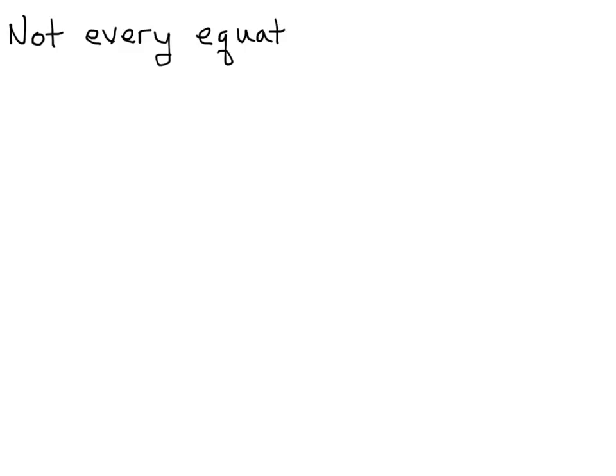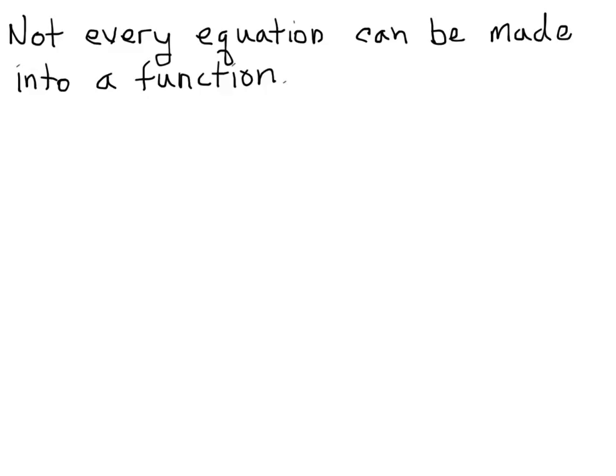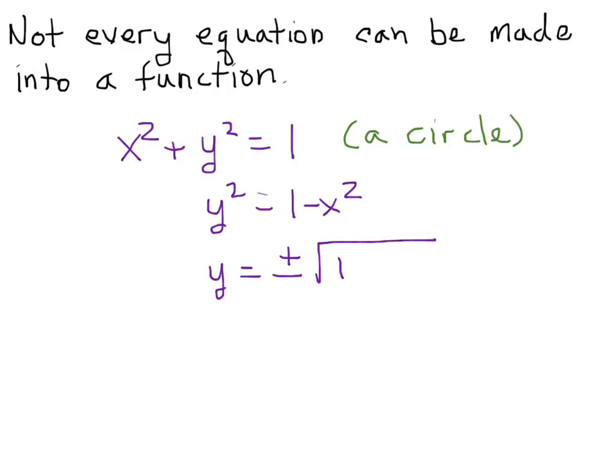All right, now not every equation can be made into a function. And this happens when you have functions that are not one-to-one. And so what you occasionally find is that there will come a time in doing your algebra where you're going to end up with something that is ambiguous. And what you'll see mostly is when we have a square involved. And so if I look at a circle, the standard form of a circle is x squared plus y squared equals 1.